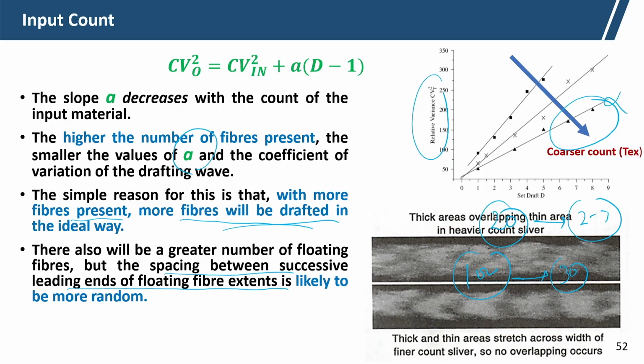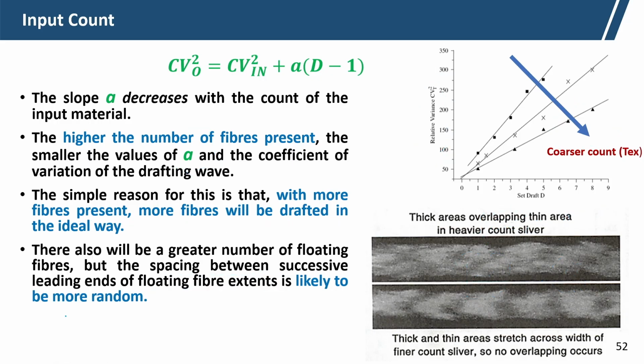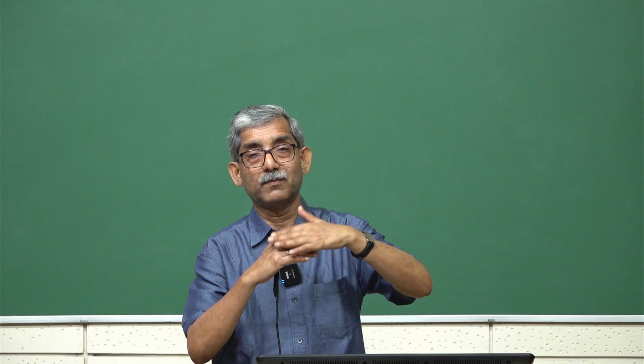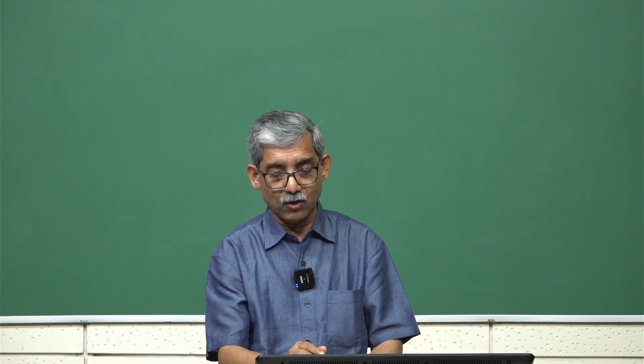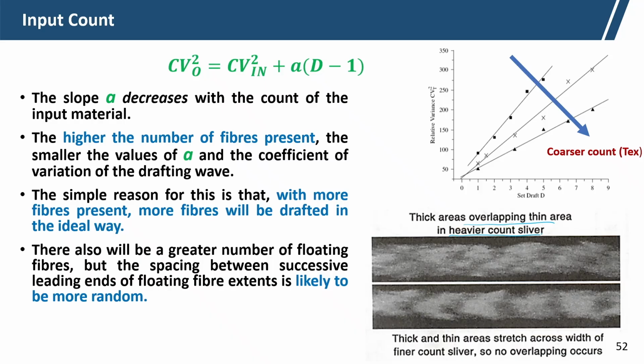So, here we can see, now if we see the thick area. If the number of fibers increases, the thick area overlaps with the thin area in case of heavier count, whereas the thick and thin areas are stretched across with the finer count sliver. So, no overlap is there.